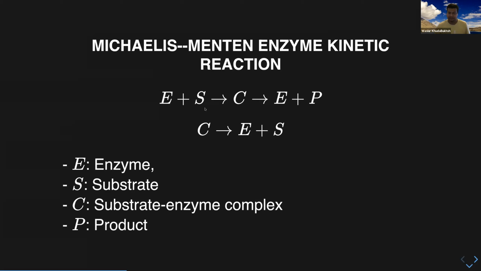This reaction is reversible, meaning that the complex could unbind to basically free the enzyme and the substrate. So this is the unbinding reaction. But the other reaction that we have here is when the substrate enzyme complex actually produces a product, which is denoted by P here. So in total, we have 3 different reactions describing this enzyme kinetic system.